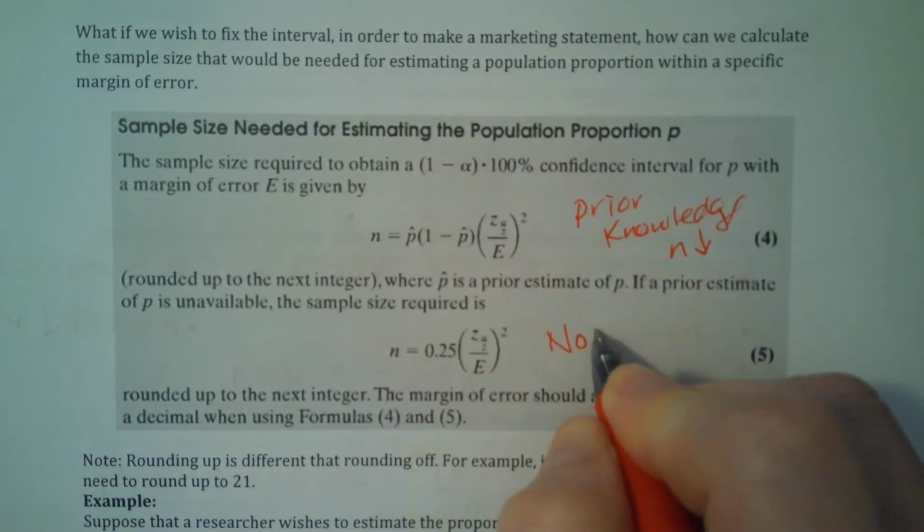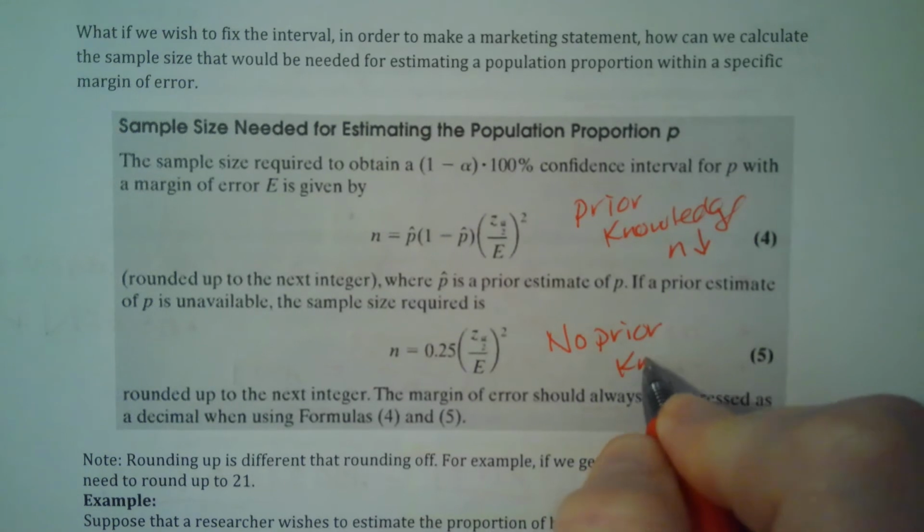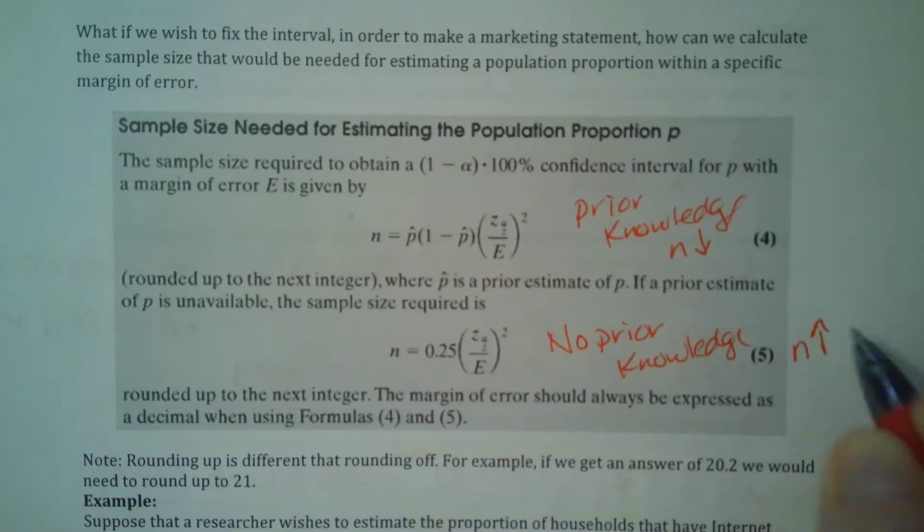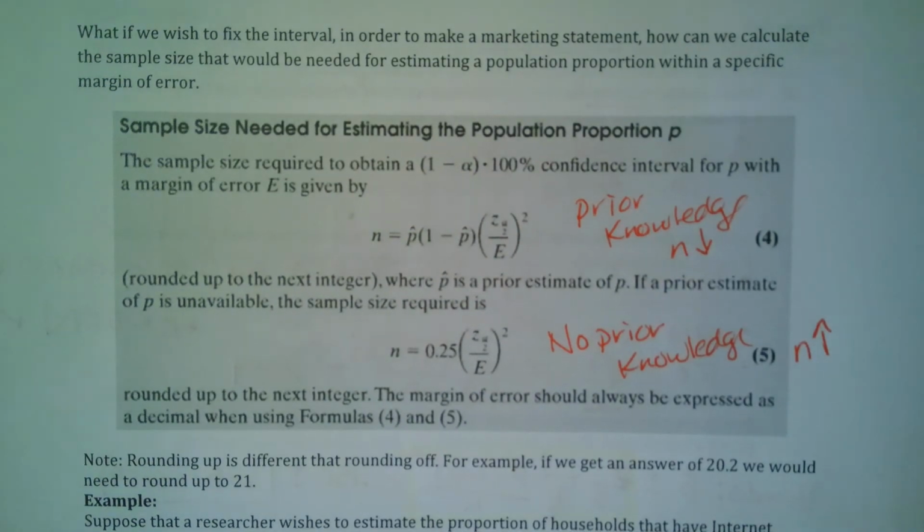But if you have no prior knowledge, this formula is going to generate an n that is larger because it assumes you have no prior information or no evidence.